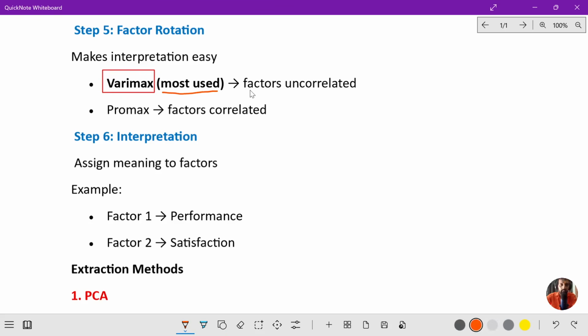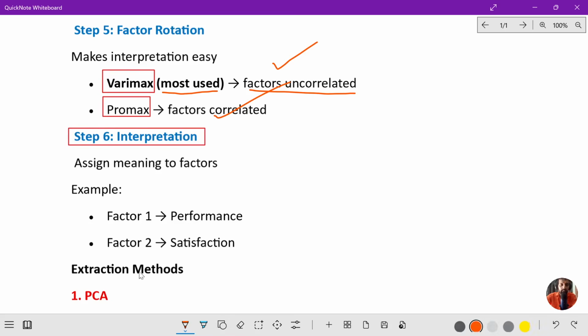We use Varimax when the factors are uncorrelated, not related. But Promax we use when the factors are correlated, in order to perform this factor rotation.